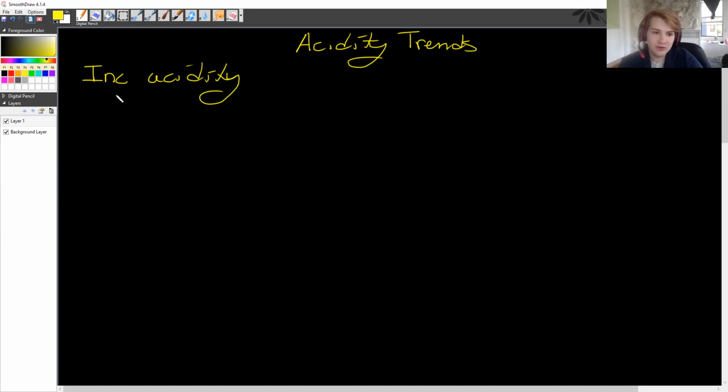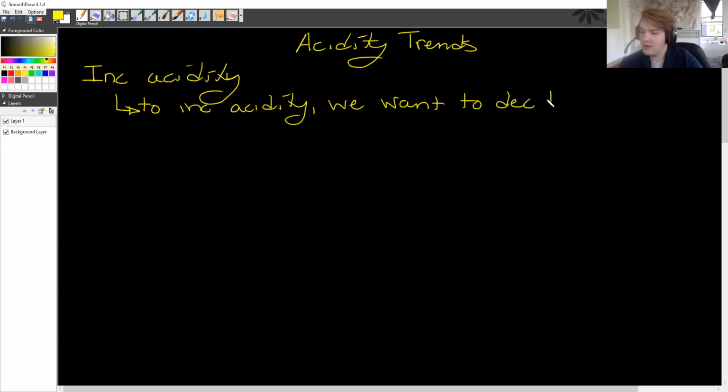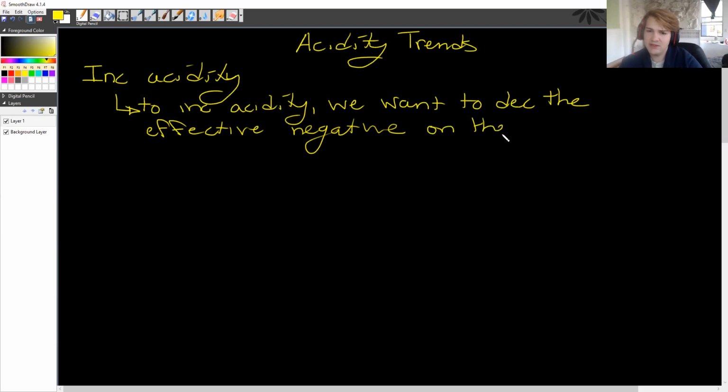And in order to do that, to increase acidity, we want to decrease the effective negative charge on the conjugate base.